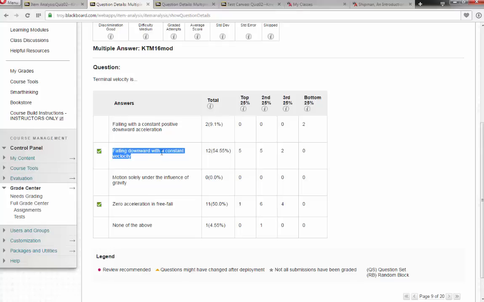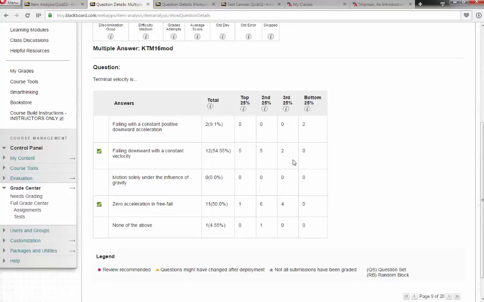So falling downward with a constant velocity matches with this definition. So that was the thing that a lot of people missed, was that there was the second correct answer. This answer is correct with a little bit of reflection on what the meaning of zero acceleration is.